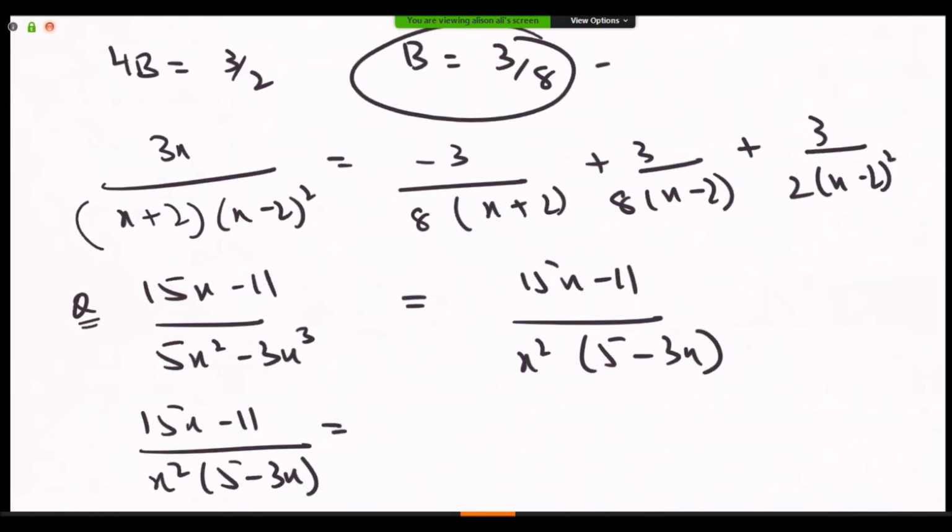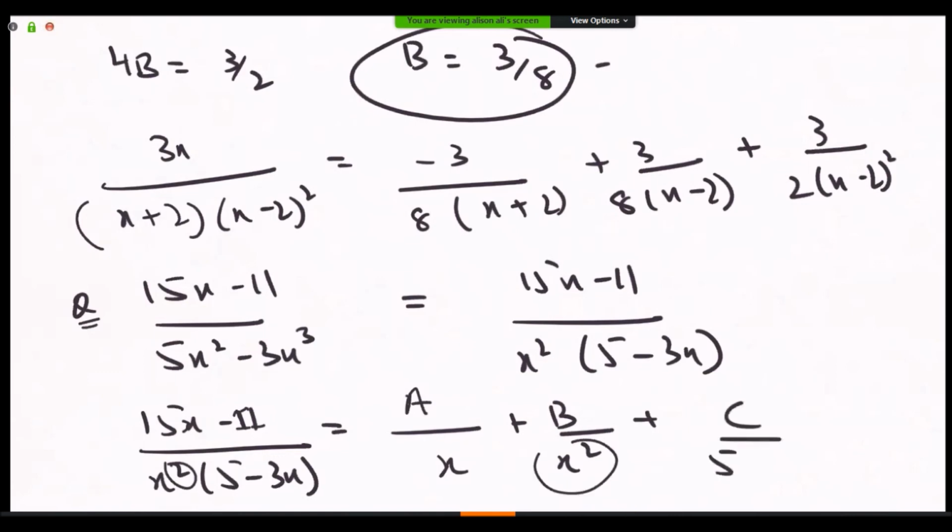Now this expression can be written as a over x, b over x square. Why? Because whenever there is a quadratic factor, we write two terms, right? First without the power, then with the power, and then we write c over 5 minus 3x.